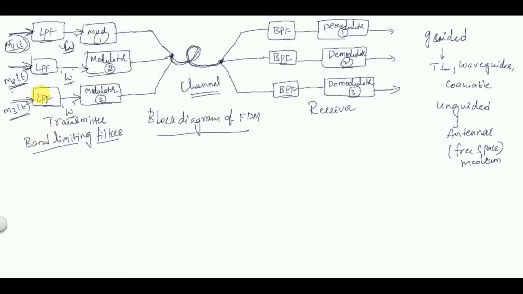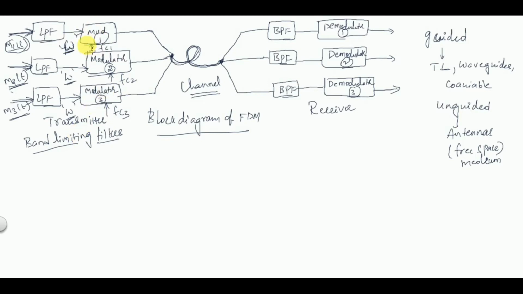So how can we differentiate between signals having the same bandwidth? Up to here all the signals have the same bandwidth, but differentiation of the signals through the channel or at the receiver end is done by choosing different carrier frequencies. Here the carrier frequency is FC1, in the second modulator it is FC2, and in the third modulator it is FC3.